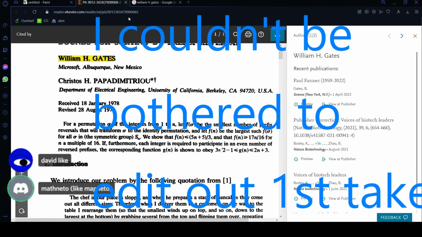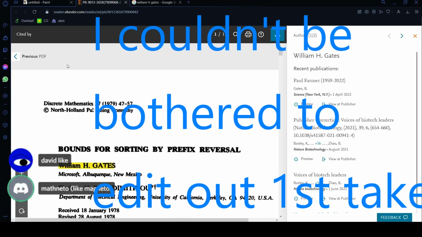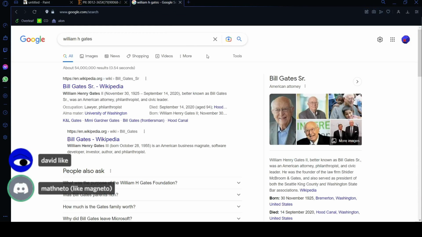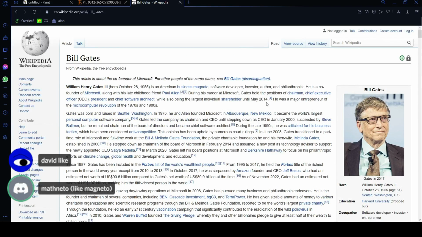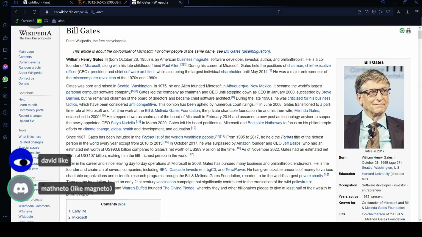So you might have noticed, this paper was written by one William H. Gates. And it's not this William H. Gates, it's actually this William H. Gates, who went on to start Windows and Microsoft and whatever.